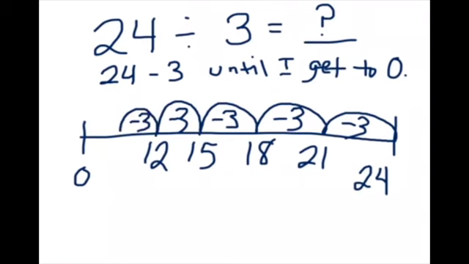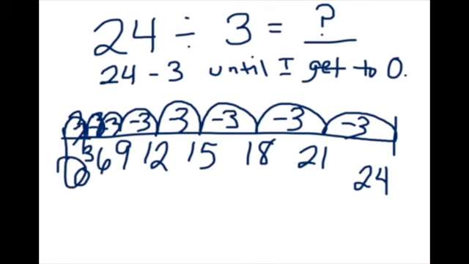12 minus 3 gets us 9. 9 minus 3 is 6. 6 minus 3 is 3. And I ran out of room, so I'm going to have to do this to get to 0. 3 minus 3 gets us that 0, okay? So I'm going to have to count now.